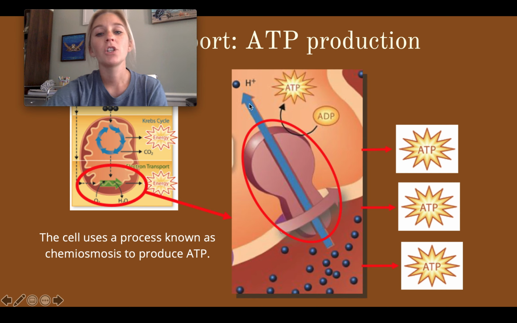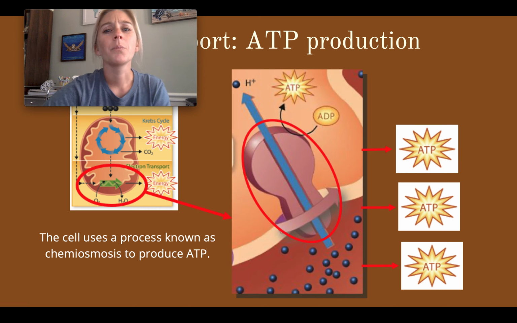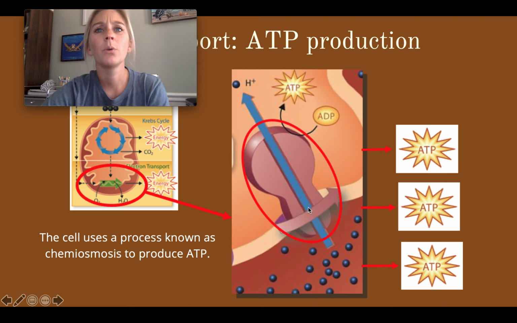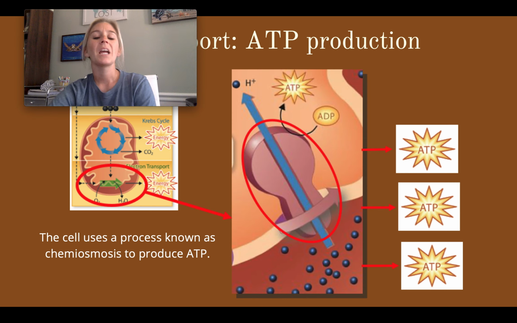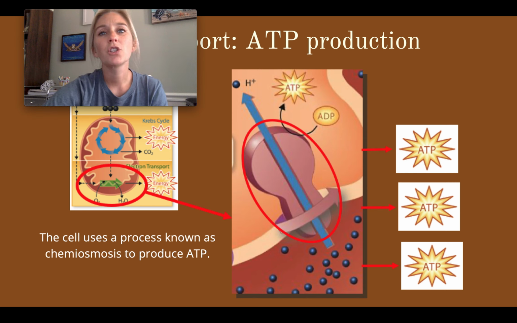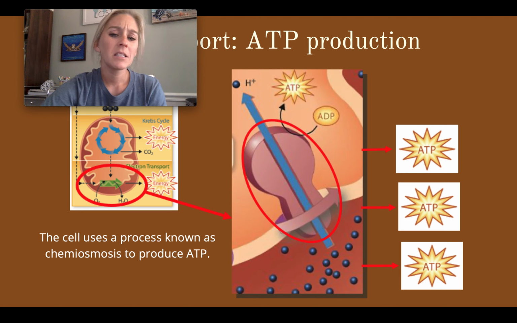The concentration gradient of the hydrogen ions across that inner mitochondrial membrane causes them to have to go through this ATP synthase because they can't pass across the membrane. As the hydrogen ions rush through that ATP synthase, the base of the synthase rotates and it's going to generate ATP.